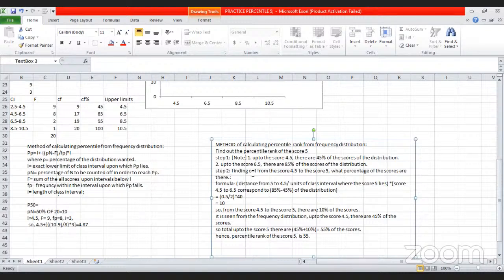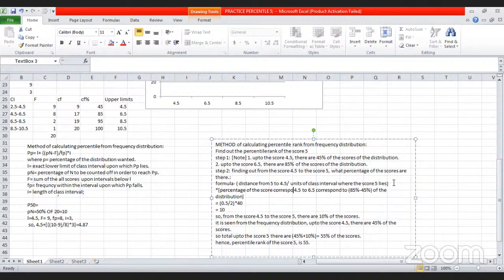Okay. For that reason, we are putting into the formula, that is the distance from 5 to 4.5 divided by units of class interval where the score 5 lies, into the percentage of the scores corresponding to 4.5 to 6.5. Okay, let me rewrite it.